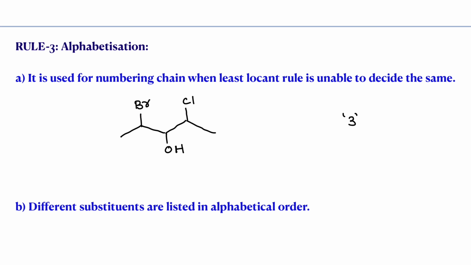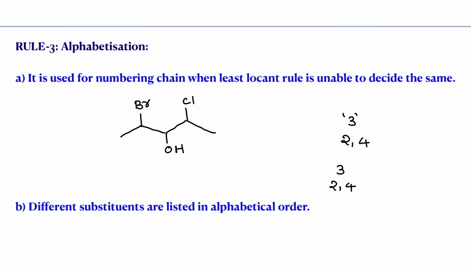If you give numbering from the left side, you will be getting the bromine carbon as 2, the chlorine carbon as 4. That is, locants are 2,4. 2,4 are the locations of branches. Even if you give numbering from the right side, the chlorine carbon is 2 and the bromine carbon is 4. So the functional group is receiving 3 and branches are receiving 2,4.